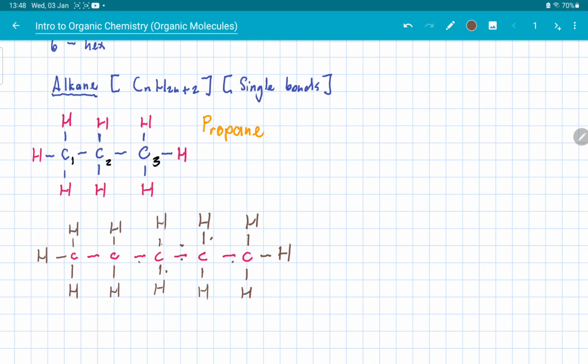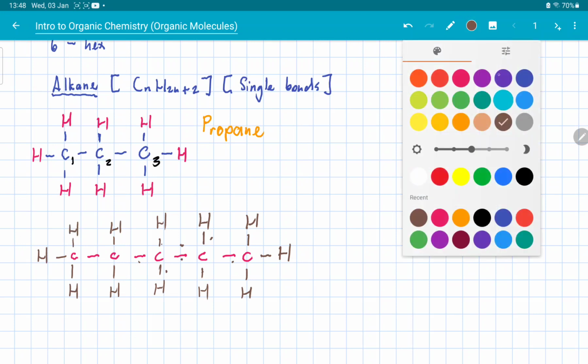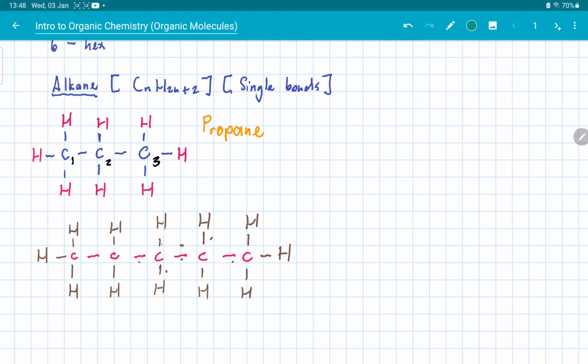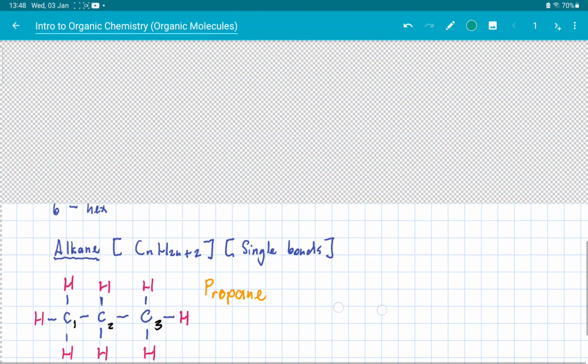Yeah. So how are you going to name it? Again, we will recognize that there are single bonds and also how many carbon atoms there are. If ever your molecule is symmetrical kanji, you do not have to start from the left. You can even start from the right. 1, 2, 3, 4, 5. How many carbons are there? 5.